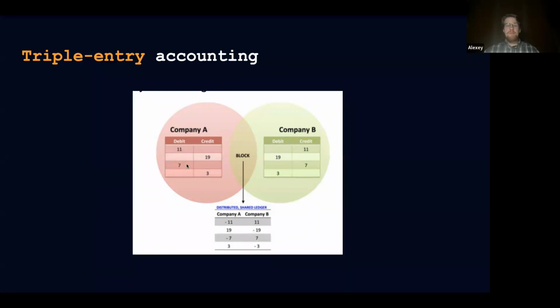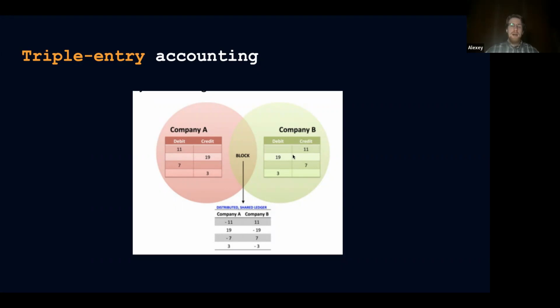And actually, most banks today work according to this approach. They use double entry accounting. So as you see, we have Alice's company and Bob's company. What is debit for Alice acts as credit for Bob.